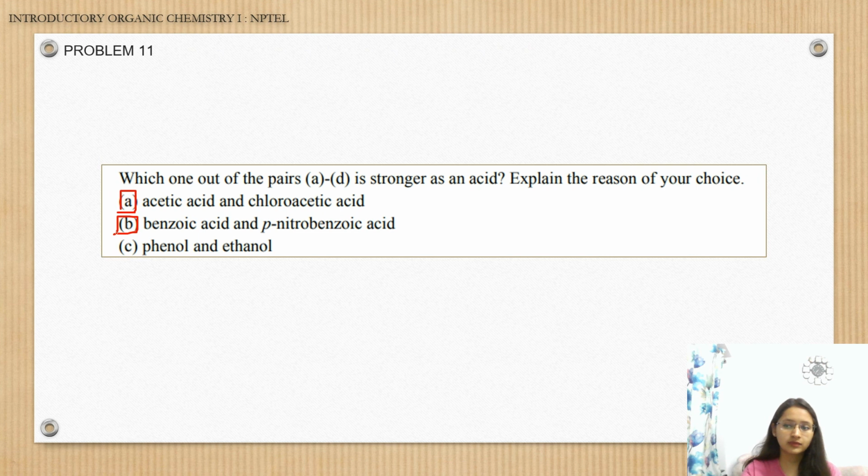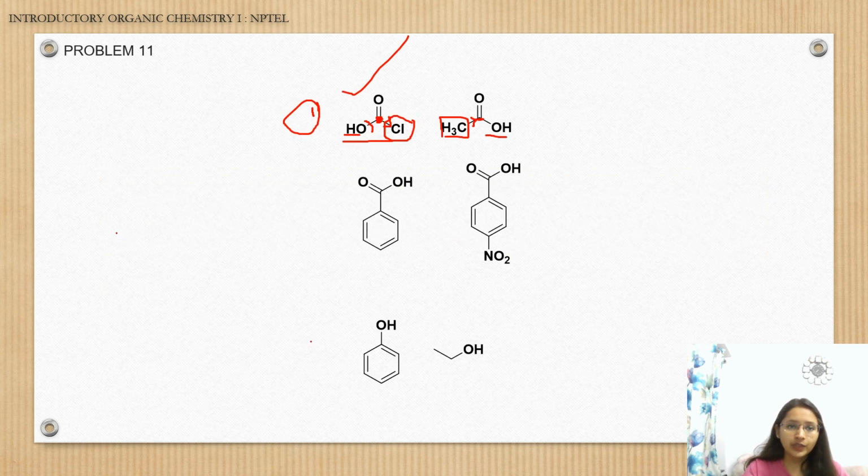In part B, they are comparing benzoic acid and para-nitrobenzoic acid. Guys, I have told you that you have to look at the electropositivity of the carbonyl carbon. The higher the electropositivity of the carbonyl carbon, the higher the probability of that OH bond being labile, and the higher the acidity of the compound. Here, the nitro group is electron withdrawing in nature.